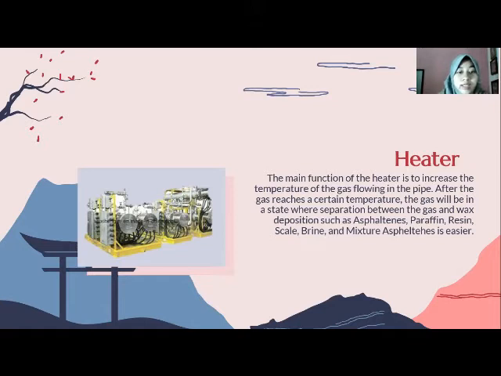After the gas reaches a certain temperature, the gas will be in a state where separation between the gas and wax depositions such as asphalt, paraffin, resin, scale, and mixtures of asphalt is easier, because the gas itself has already surpassed the wax appearance temperature, or WAT, which is the minimum temperature to form wax crystals within the gas flow. It eliminates the possibility of wax deposition.